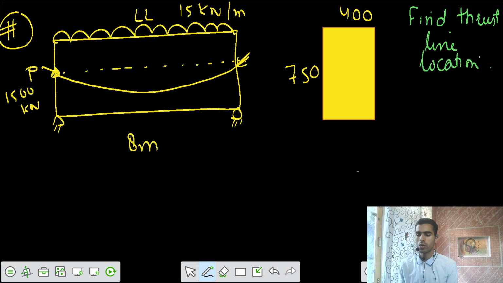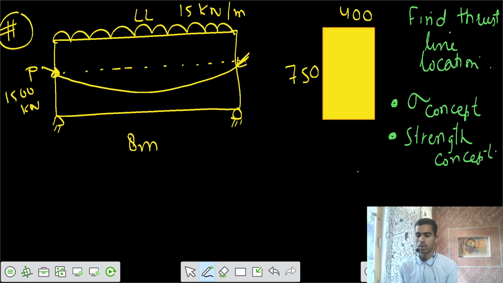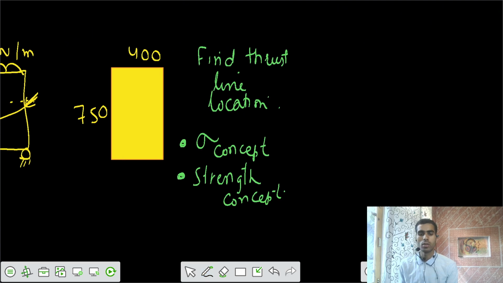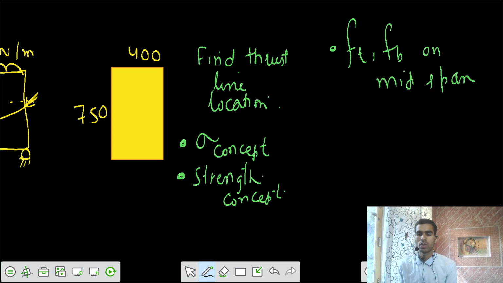We have to use both methods. Then we need to calculate the stresses at the top and bottom of the midspan section using the strength concept.